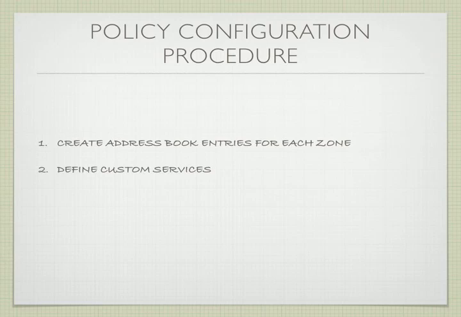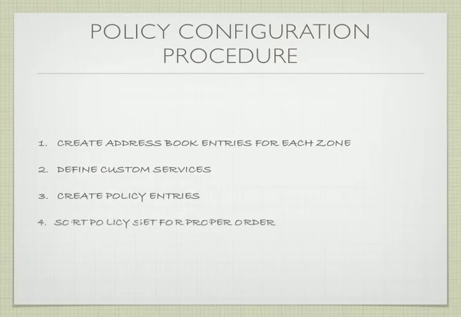You then are going to define any services you need that are not available in the built-in services so that you can use them in that policy. Then you create the actual policy entry using the address book and the services for your source and destination and what's there. And then you arrange the policies into the order that you need them.